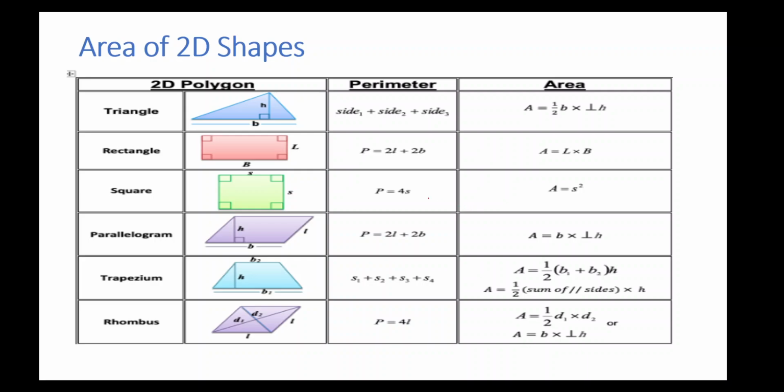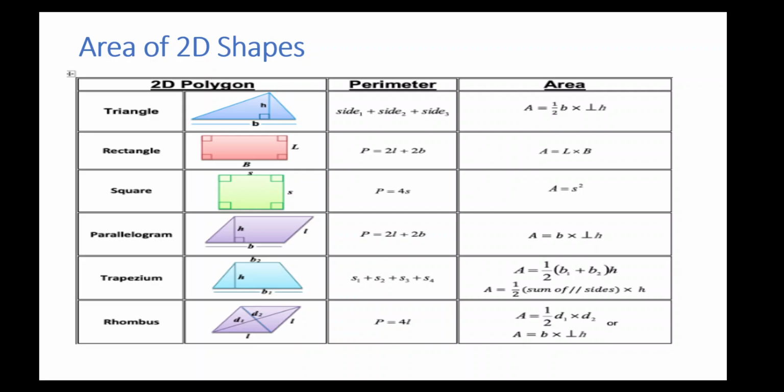be side square. Parallelogram has height h and base b, and the slant side is L. Then the perimeter is 2L plus 2B and the area is B into H. Trapezium. If the trapezium has parallel sides B1 and B2 and H is the perpendicular height, then perimeter equals the sum of all the sides of the trapezium and area is equal to half of the sum of the parallel sides into height.